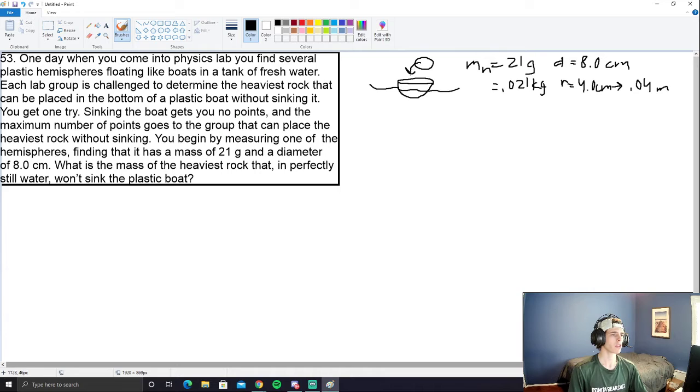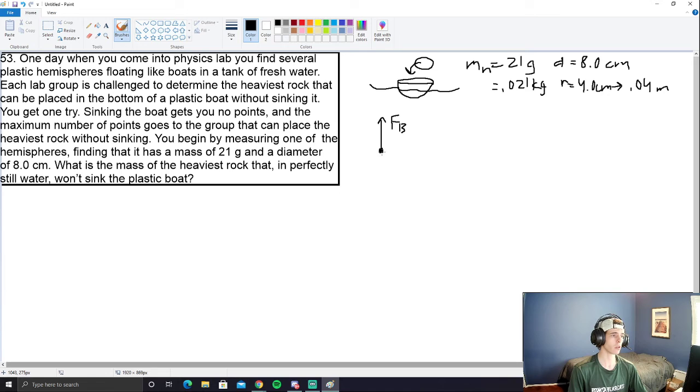Now, how we want to approach this problem is we want to find out how to find that largest mass. What is the relationship between larger mass and not floating? So we know that if this is the boat and rock system, there's some buoyant force acting on it.